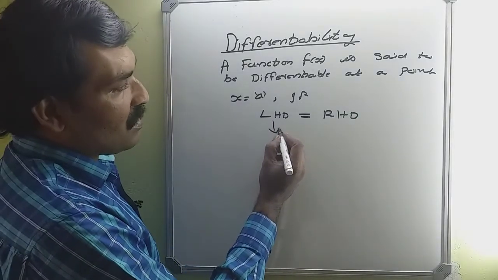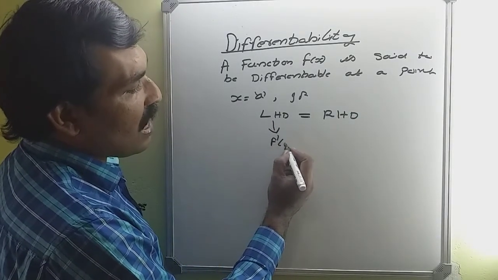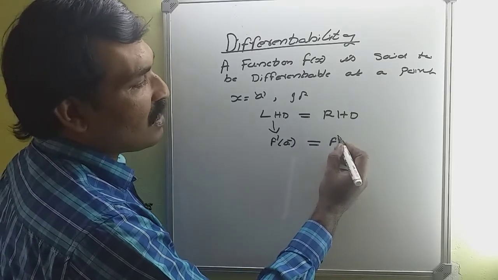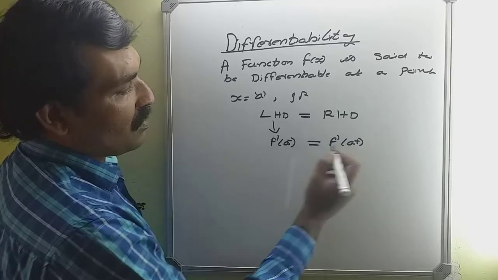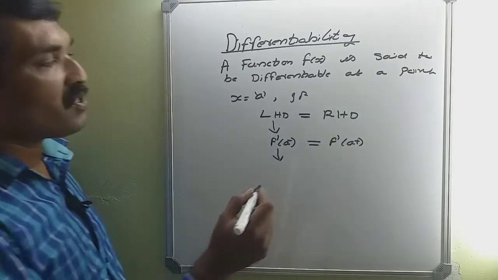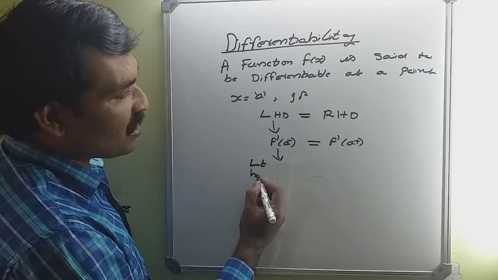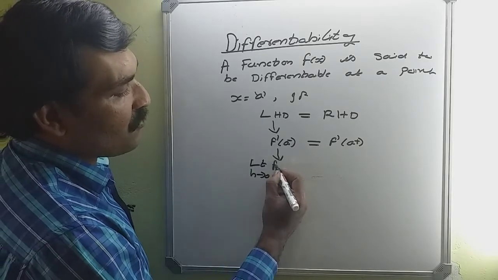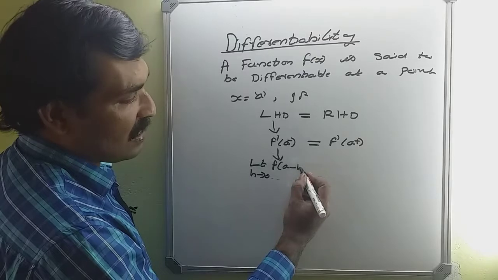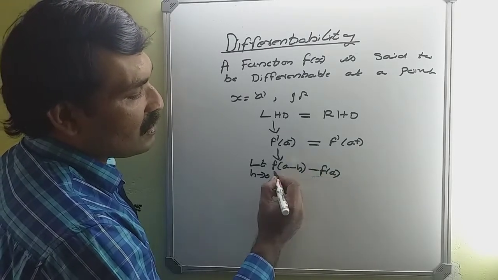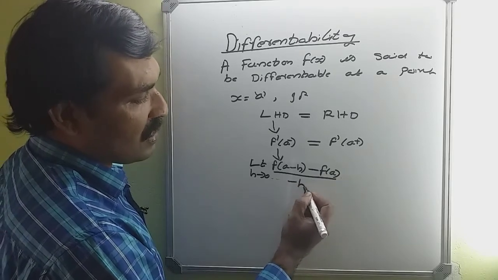That means f dash a minus is equal to f dash a plus, and we can write f dash a minus as limit h tends to 0 f of a minus h minus f of a divided by minus h.